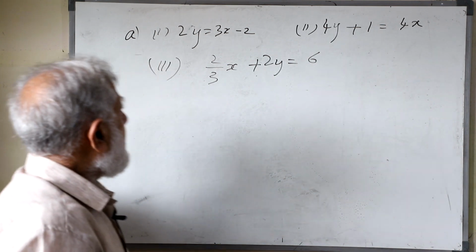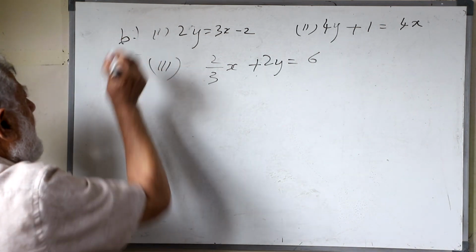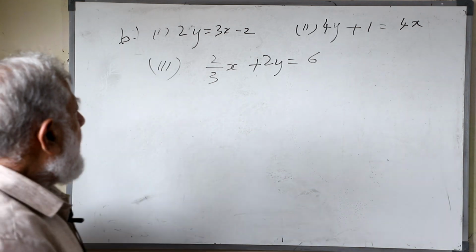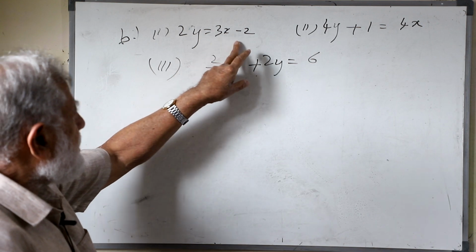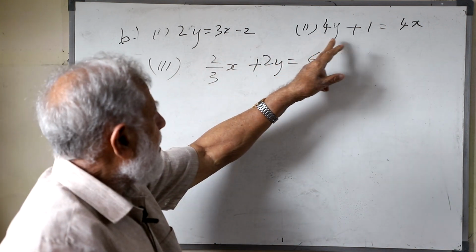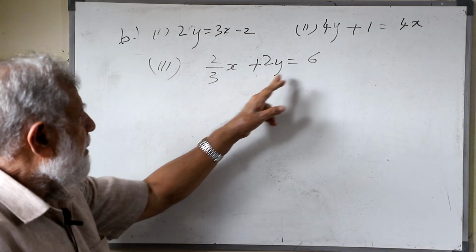Right, children. So in part B, they are given three equations. First one is 2y is equal to 3x minus 2, second is 4y plus 1 equals 4x, third is 2/3 x plus 2y equals 6.